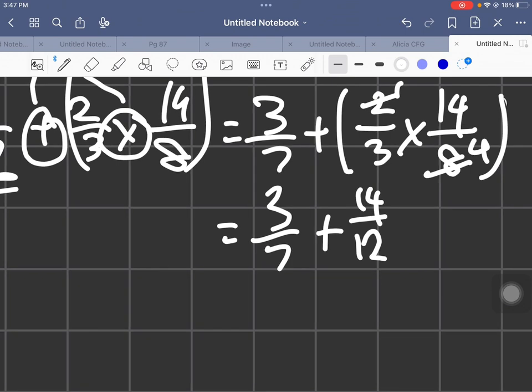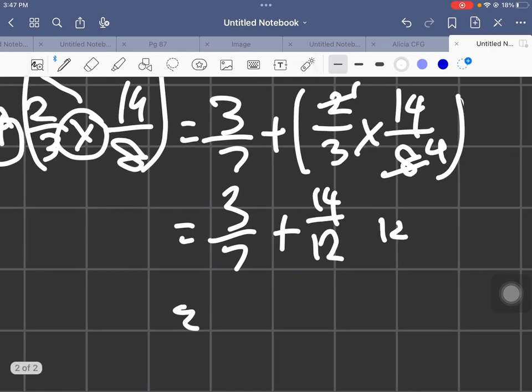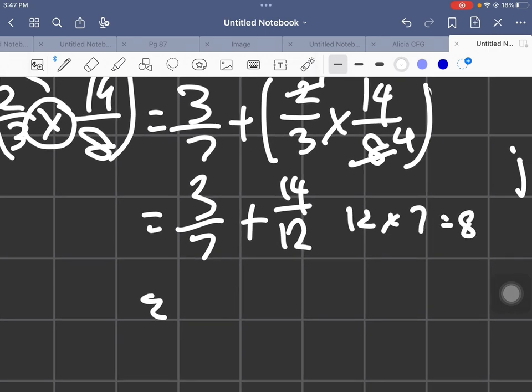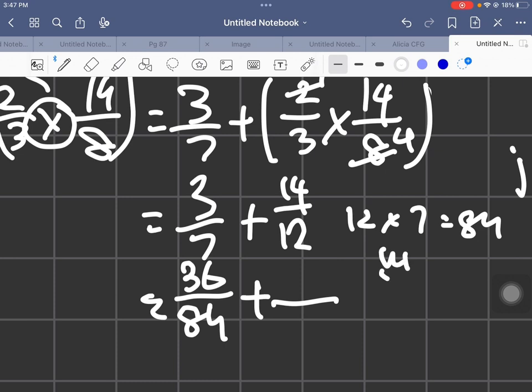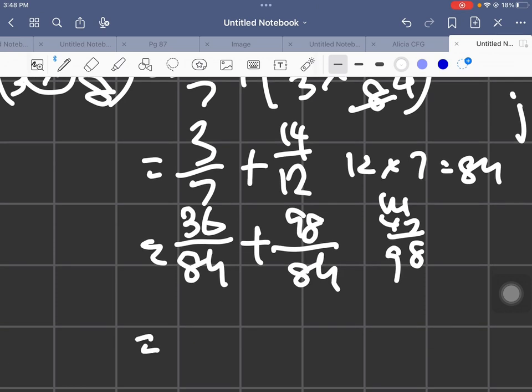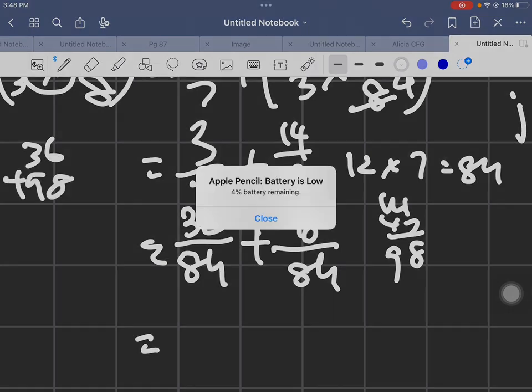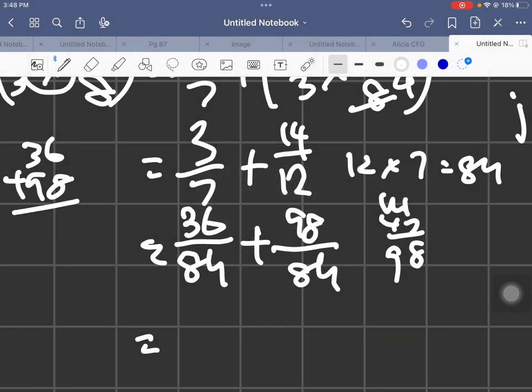You can see that the denominator is not the same. We'll get the same denominator by multiplying 12 times 7 equals 84. 14 times 7 equals 98, so 98 over 84. 36 plus 98 equals 134.